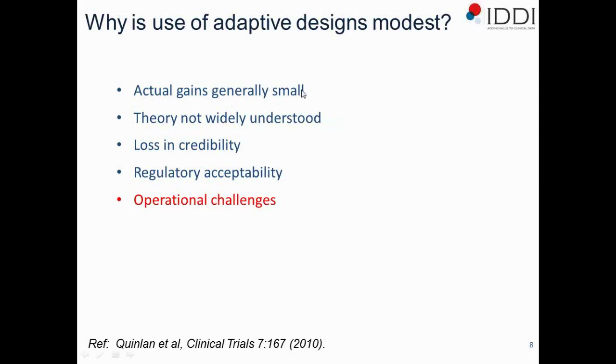Actual gains from adaptive designs, in fairness, are generally small, so you shouldn't expect that the adaptive design will completely revolutionize the way in which drugs get developed. They are very useful to optimize drug development, but they won't change fundamentally the drug development paradigm that we've all been operating in. The theory of adaptive designs was until recently not so widely understood.